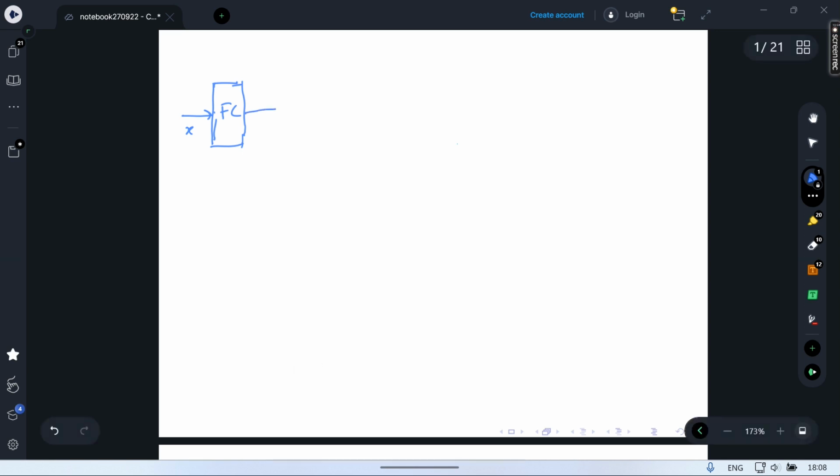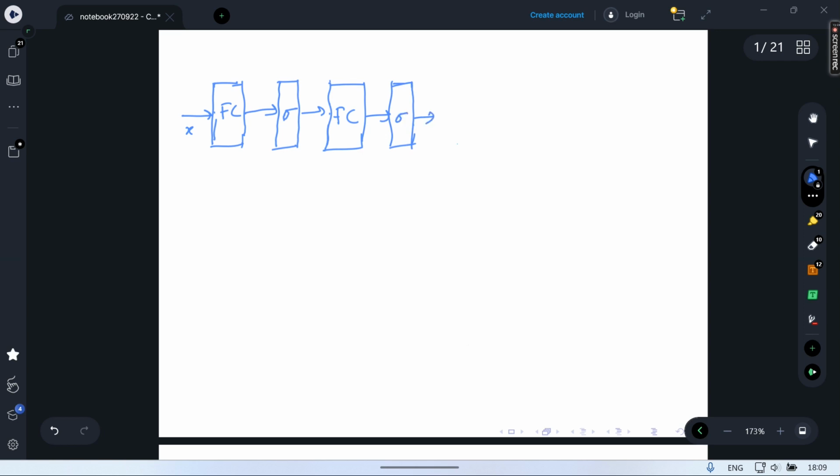Then this is again passed through some kind of non-linear layer, say ReLU, and then it is passed through the next fully connected layer. Again it is passed through sigma.